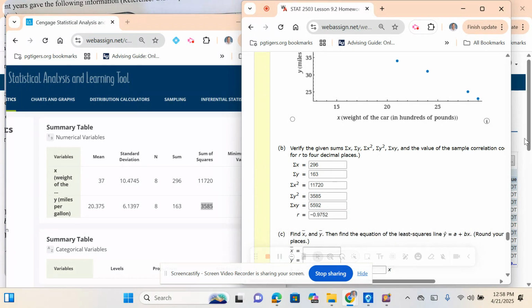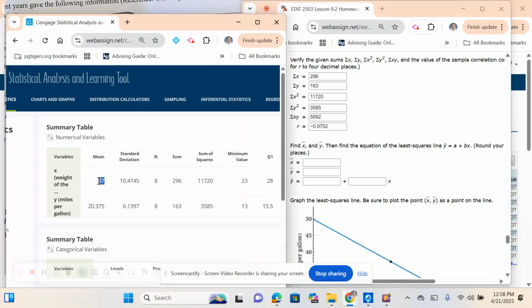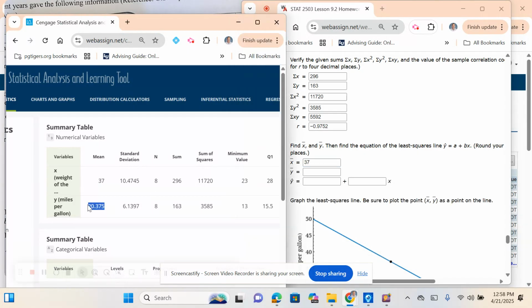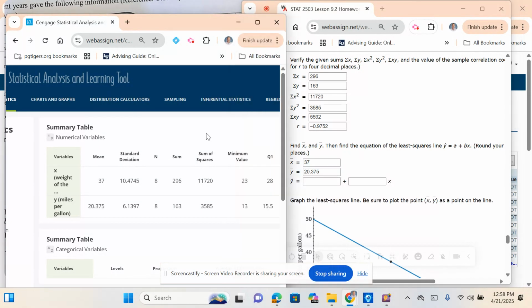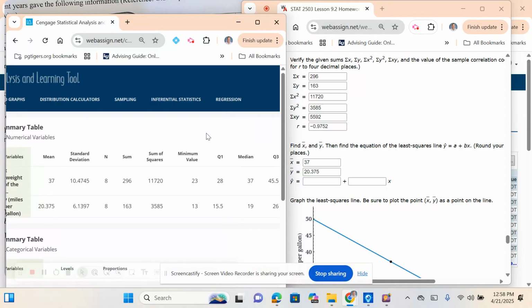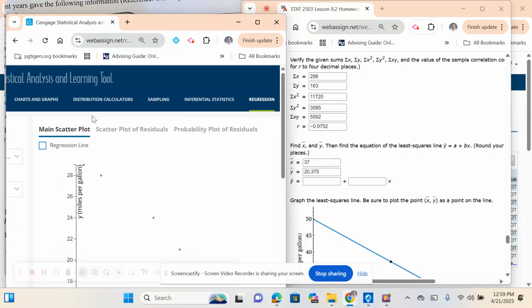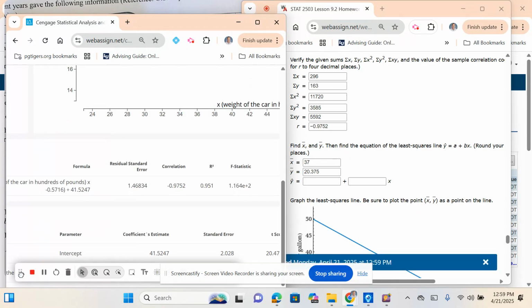Now, find the X bar, Y bar. That's just the mean of the X's and the mean of the Y's. The mean of the X's is right there, and the mean of the Y's is right here. Control C, Control V. Then for my best fit equation, I'll go back to regression. My first blank is the y-intercept, so I'm going to use the coefficient estimate for the intercept.